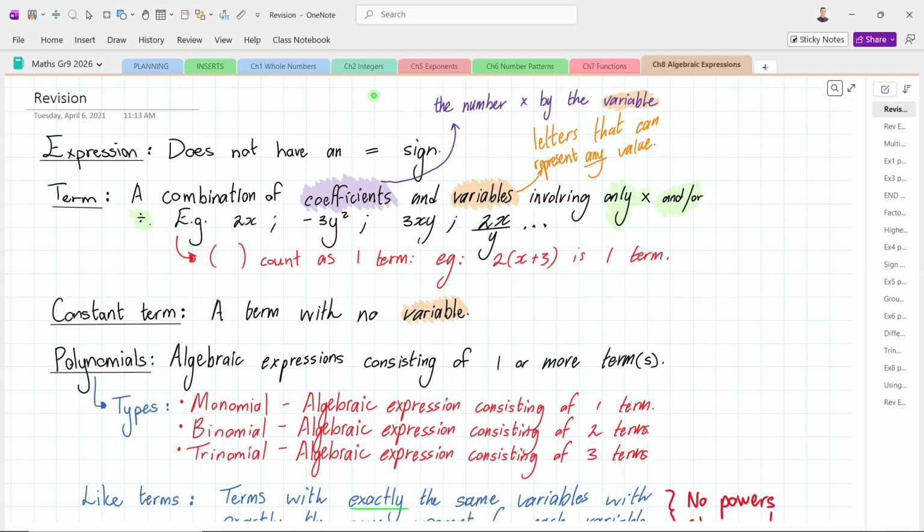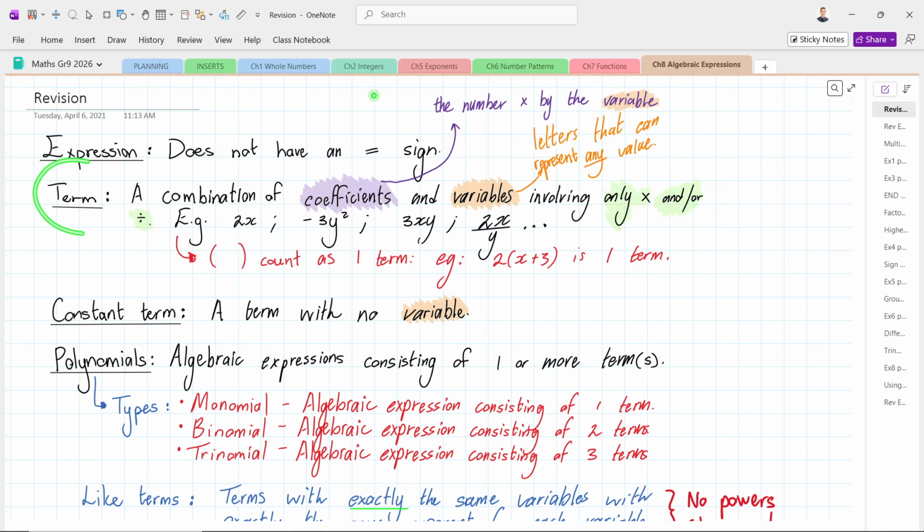So an expression does not have an actual answer. The only thing we can do with an expression is simplify it, or even factorize it, that you will learn a lot later. But for now, we only care about simplification. There is no way of solving an expression.